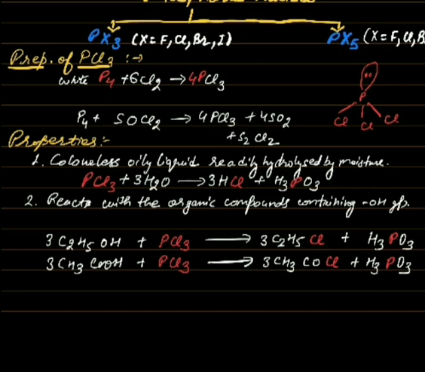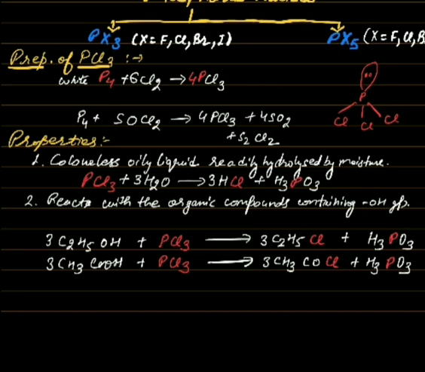Phosphorus trichloride is also a very good halogenating agent, and therefore it reacts with organic compounds containing OH hydroxyl group as a functional group and replaces it with the halogen atom. So when ethanol is reacted with phosphorus trichloride, there is the formation of ethyl chloride with the release of phosphorus acid.